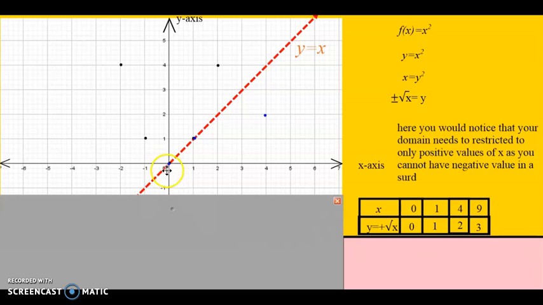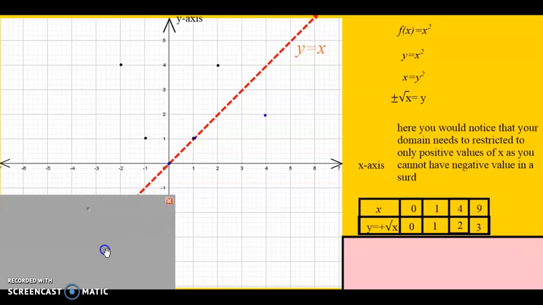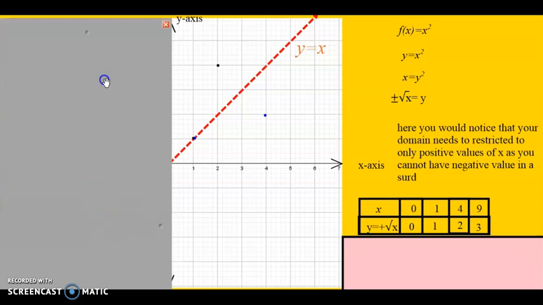But now remember, we said we will have to have a restriction that there cannot be negative values. So this part of the graph won't really exist. So I will only have the wing from 0 in this direction. Remember what we said, whatever the coordinate is, it's a reflection in the line y is equal to x.